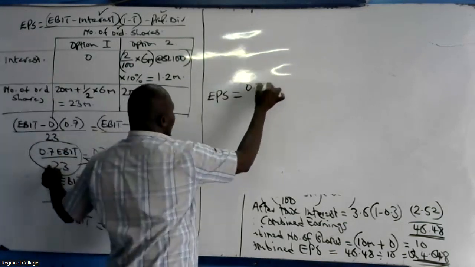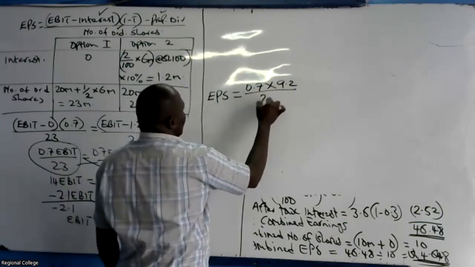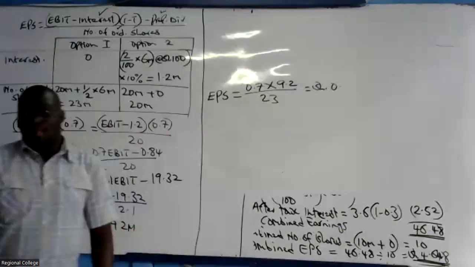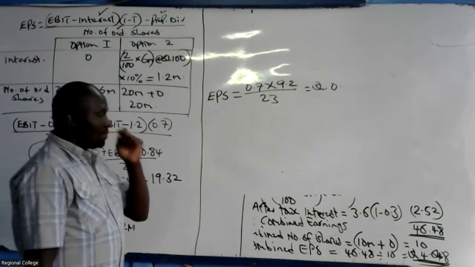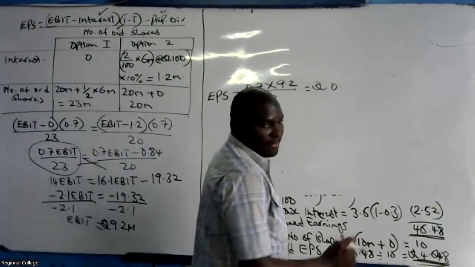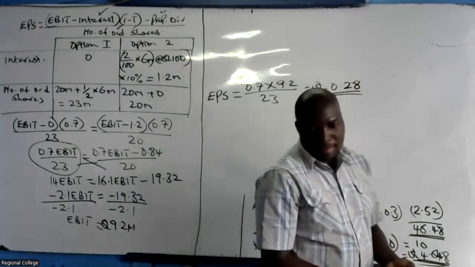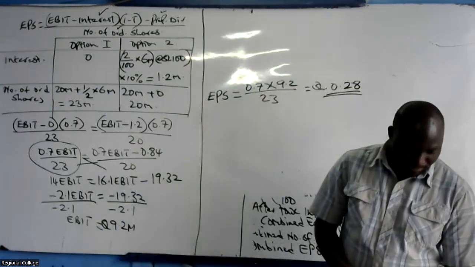So 0.7 times 9.2 divided by 23. If you do it the other side, you should get the same answer, 2.8. As simple as that.